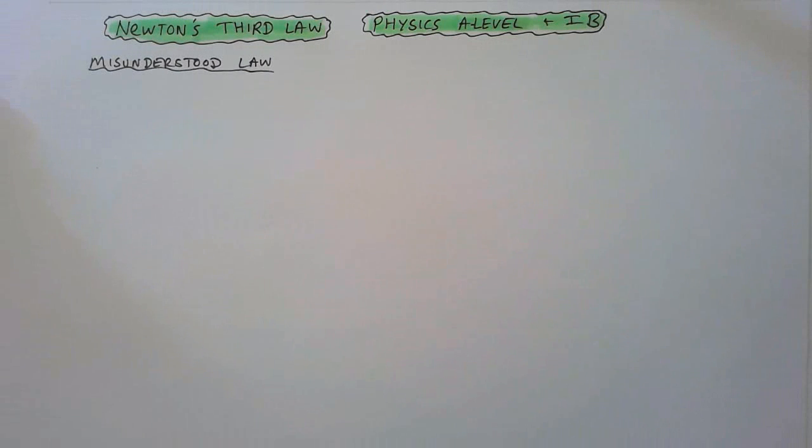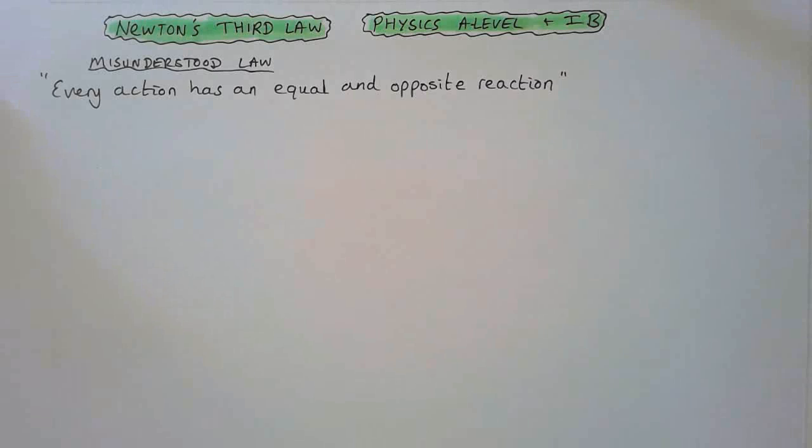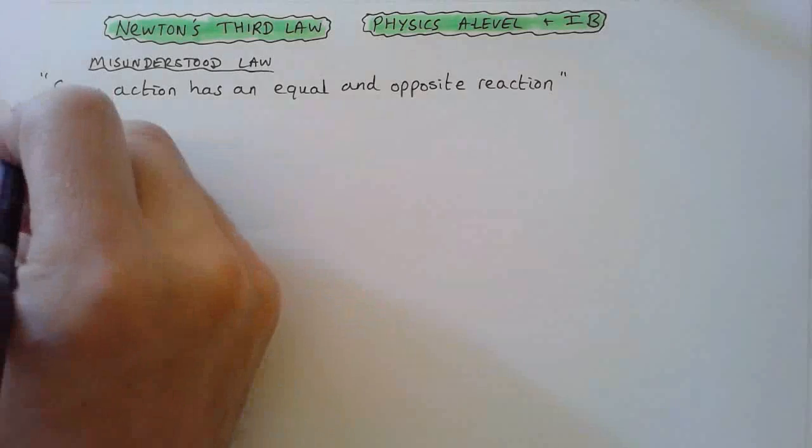Well, most people quote Newton's third law as follows. Every action has an equal and opposite reaction. And in some ways, this statement of the law is one of the reasons why there is quite a lot of misunderstanding about it. A more modern and useful way of expressing the law is as follows.